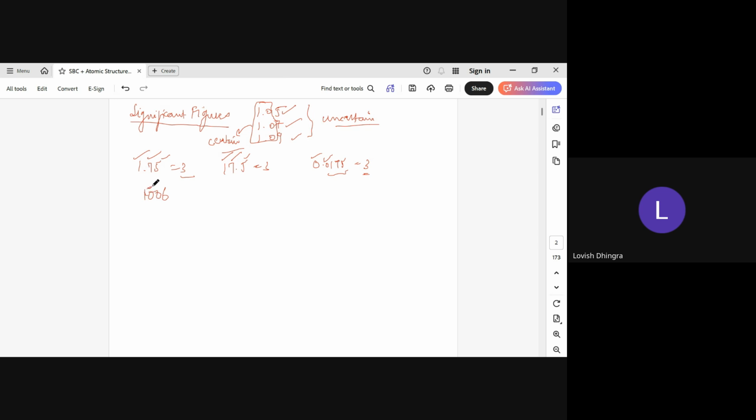These zeros are present between two non-zero digits, 1 and 6, so you will count these zeros. If they were present like in the previous case, you would not count them. But if they are present between two non-zero digits, then you will count them. So in total it will be 4 significant figures.